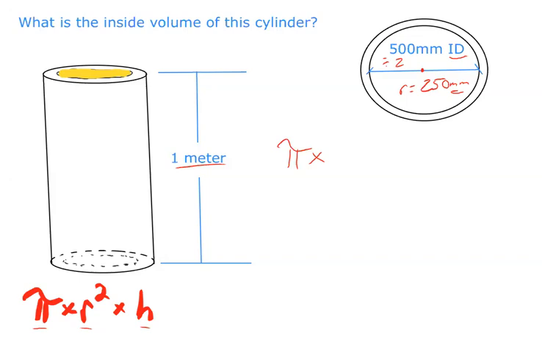So I'm going to divide 250 millimeters by 1,000 millimeters per meter and get 0.25. So I do pi times 0.25, and my equation tells me it's squared, so I'll put that little 2 up there. Again, that just means 0.25 times 0.25. It is this button on your calculator. And then it's a meter tall, so it's just times 1, right? 1 meter is 1.